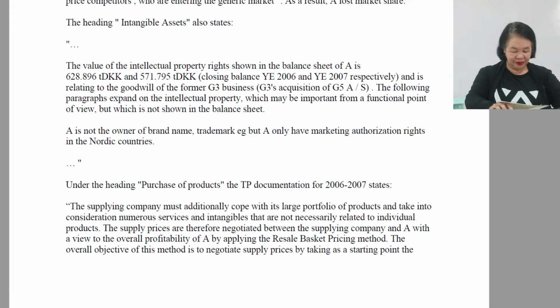No. A is now the owner of brand name, trademark AG, but A only have marketing authorization rights in the Nordic countries. No? So, limited lang yung rights niya. No?